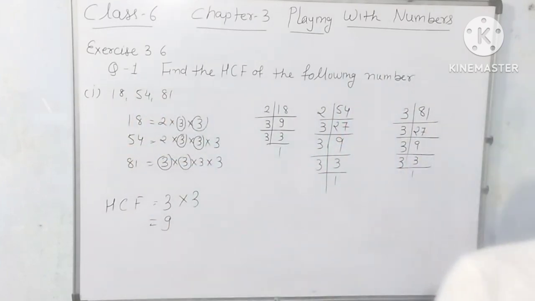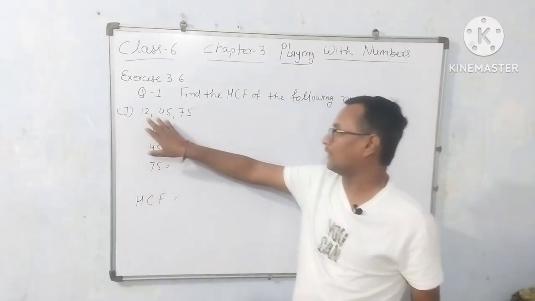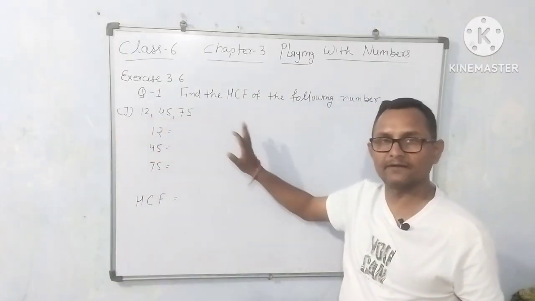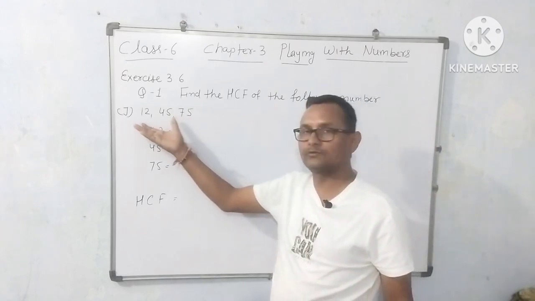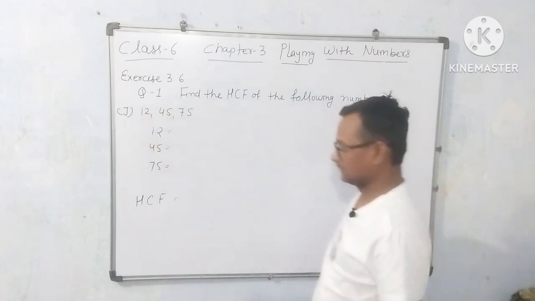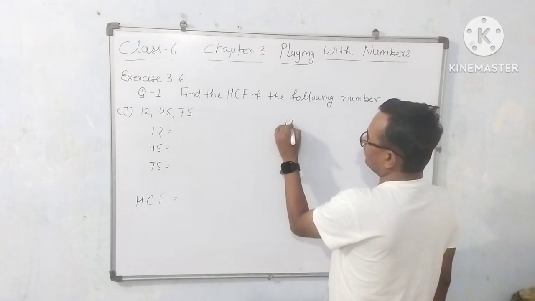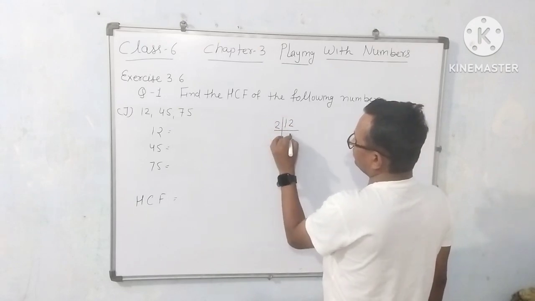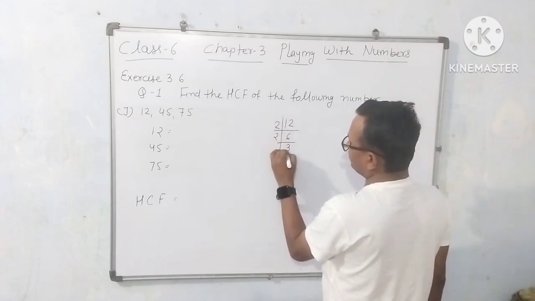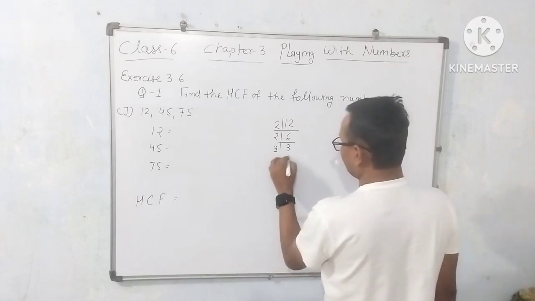Now we will do part J, 12, 45 and 75. Again we have to do the same thing. We have to find out the prime factors of these numbers. So 12, 2 6 are 12, 2 3 are 6, 3 1 are 3.